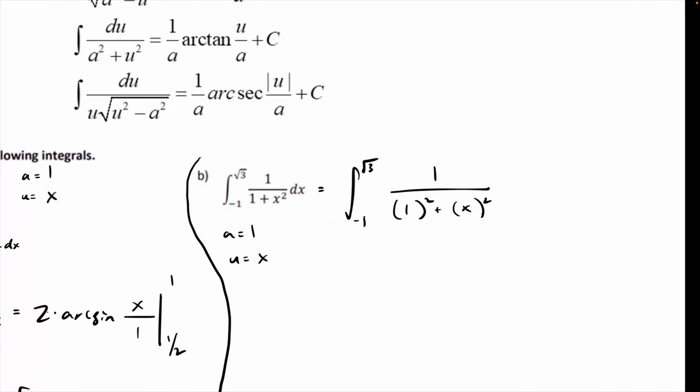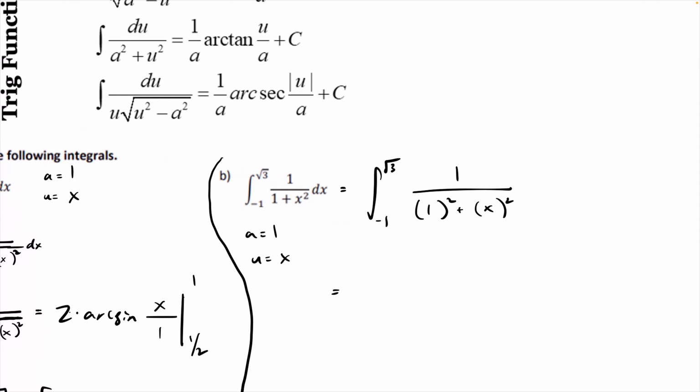So that means 1 over a, so 1 over 1, arctangent, u over a, plus c. Well, we don't need a plus c this time because we have bounds. So there we go.